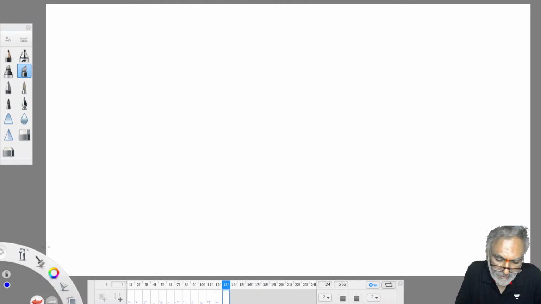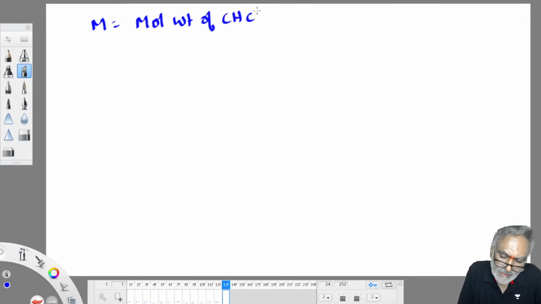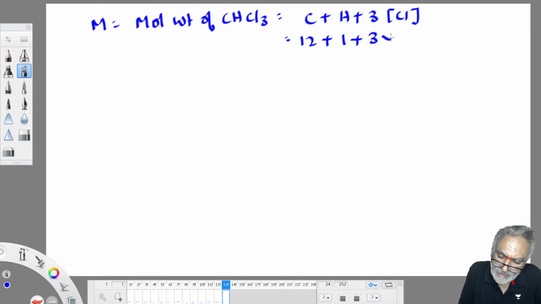What is M value? M is equal to molecular weight of CHCl3. So C plus H plus 3 into Cl. Work out 12 plus 1 plus 3 into 35.5. That is M value. What is M value? 3 into 35.5 plus 12 plus 1. So it is 119.5. That is M value.